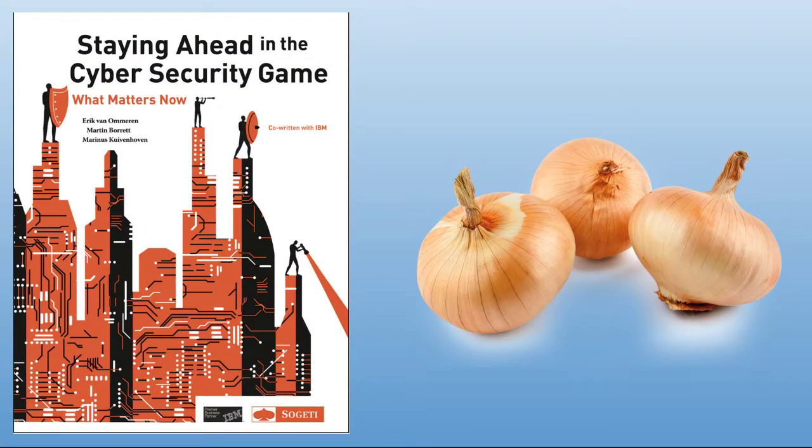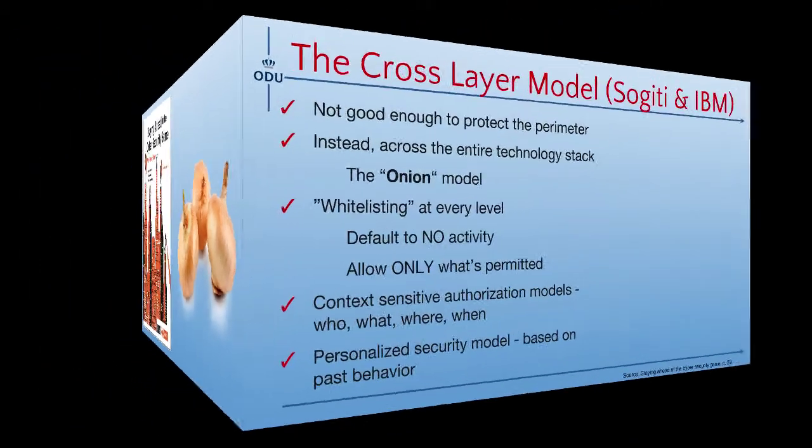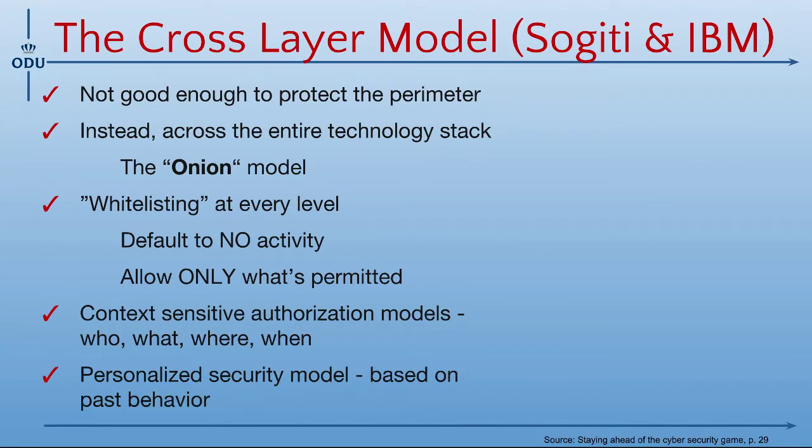The last thing I want to talk about in this session is this so-called onion model that is described in the Omerman book, Staying Ahead of the Cybersecurity Game, What Matters Now. And the notion behind the onion model is that it's simply not good enough to just have perimeter security such as firewalls in place.